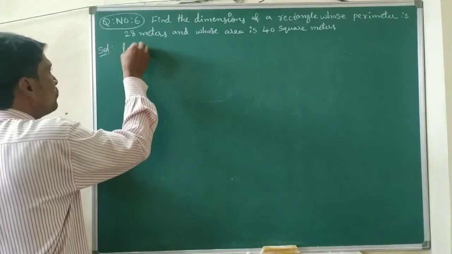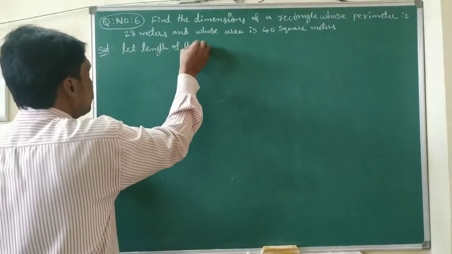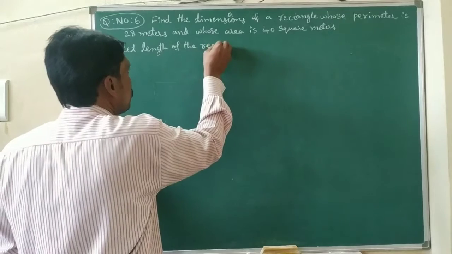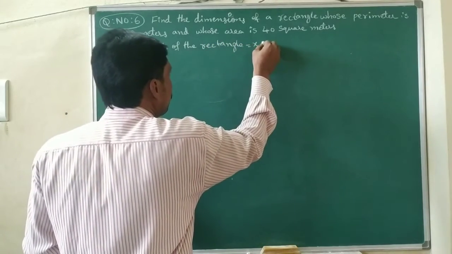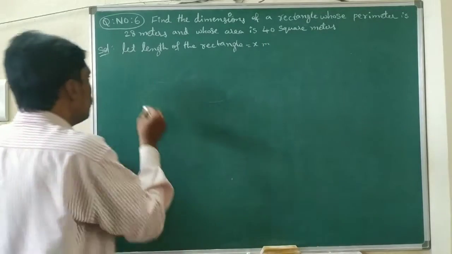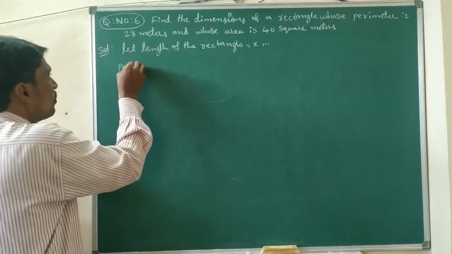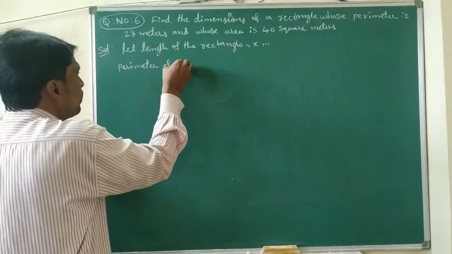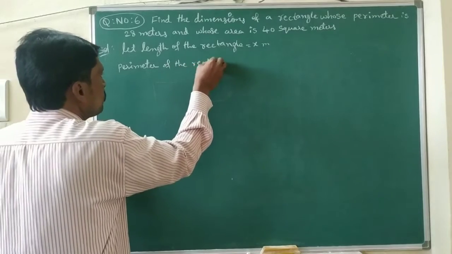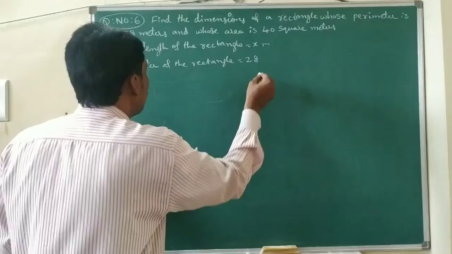Let the length of the rectangle equal x meters. Now the perimeter of the rectangle is given. Perimeter of the rectangle equals 28 meters.